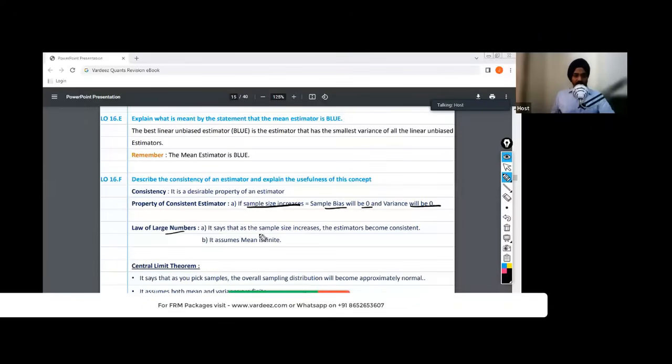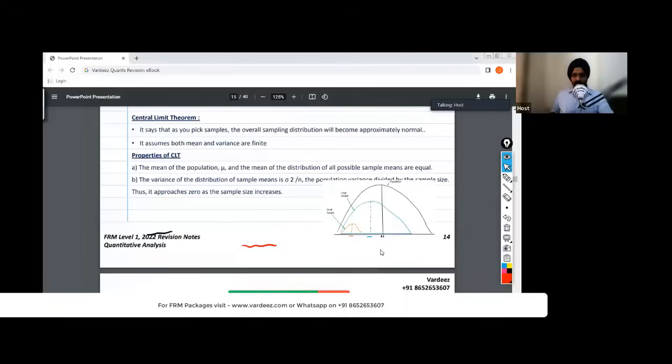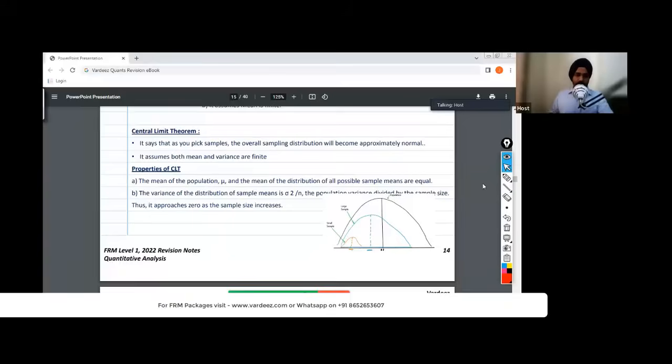Law of large numbers: as the sample size increases, the estimators become consistent, meaning 0, 0. And one assumption you need to remember is that the law of large numbers assumes the mean is finite. The X bar or this mu, they are finite. Remember that at this point in time.